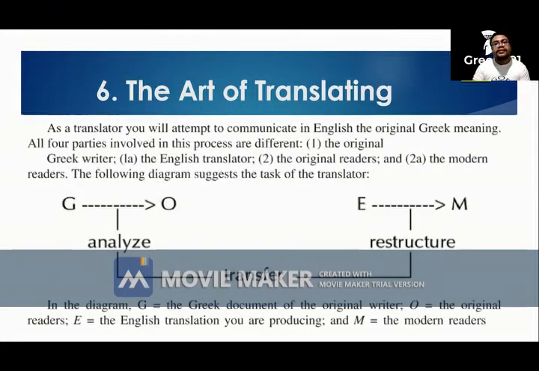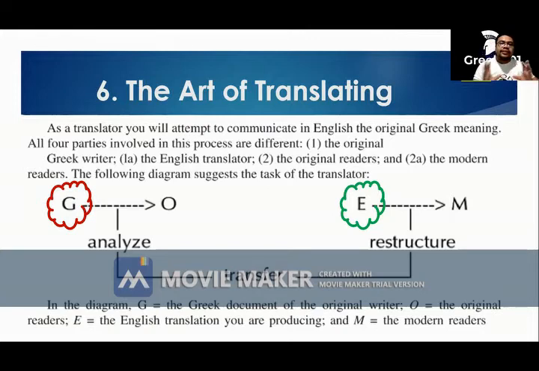So let's take a look at this diagram in the art of translating. So we have four letters here. We have the G. It refers to the Greek document of the original writer. So it is in Greek. And the E is the English translation you are producing.